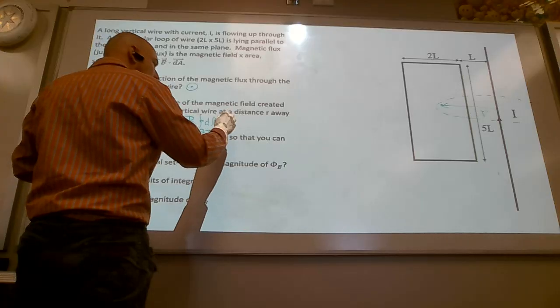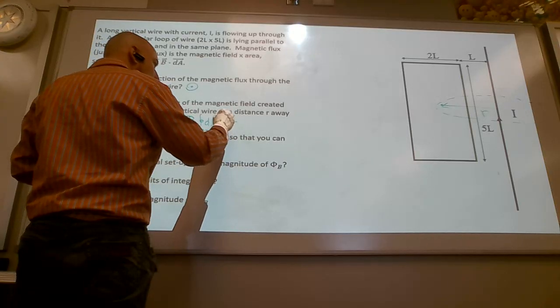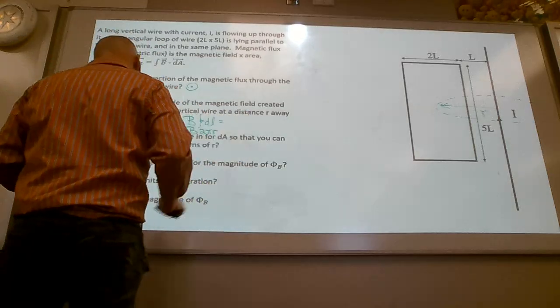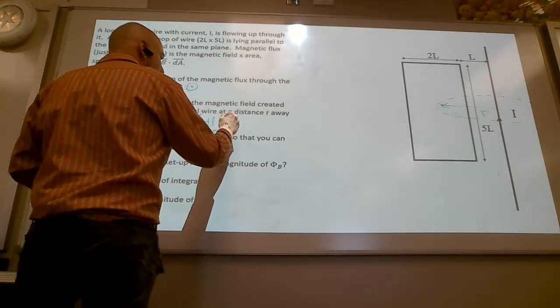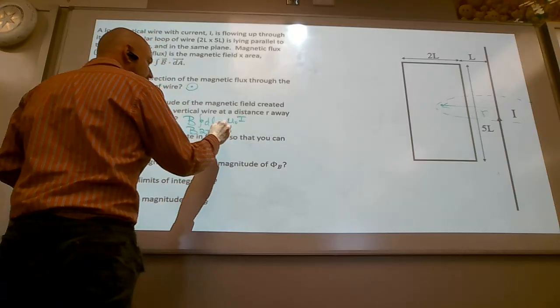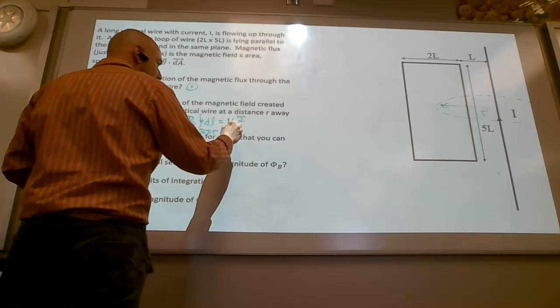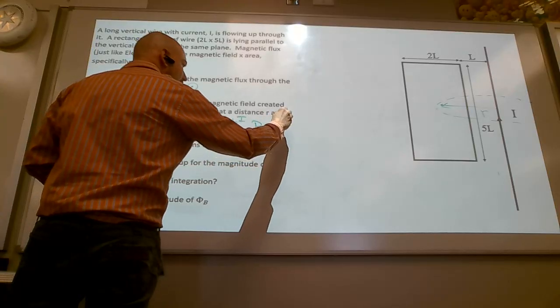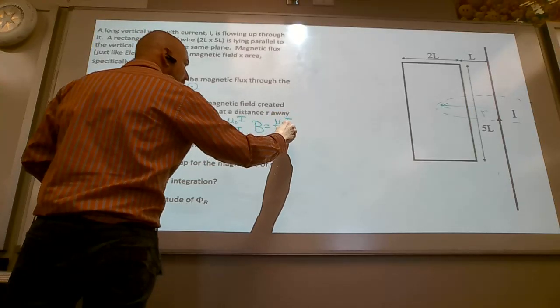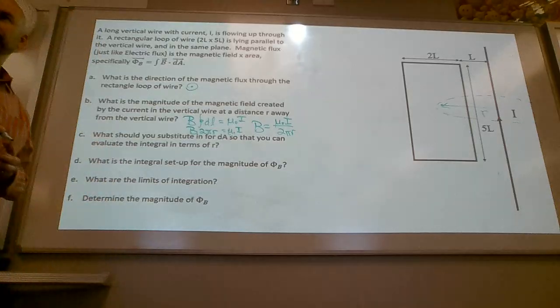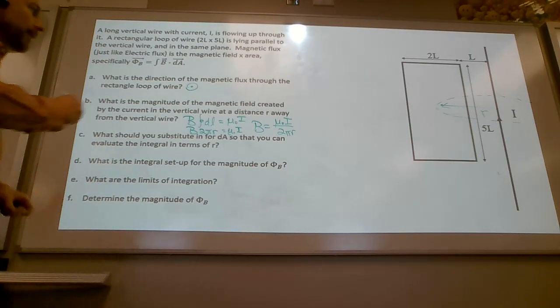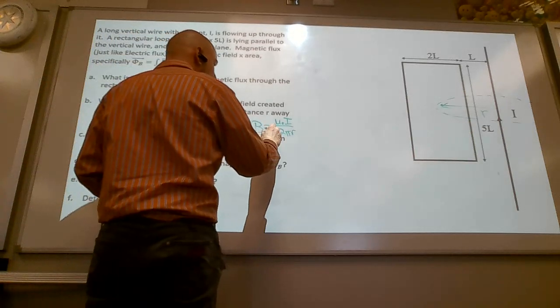Enclosed is just current. Equal to mu naught I. So that is just equal to mu naught I over 2 pi r. Boom. Simplest form of a magnetic field using Ampere's law.